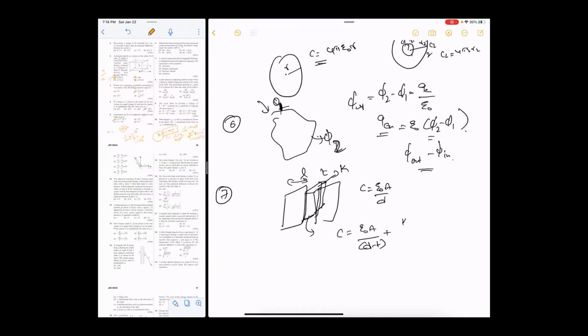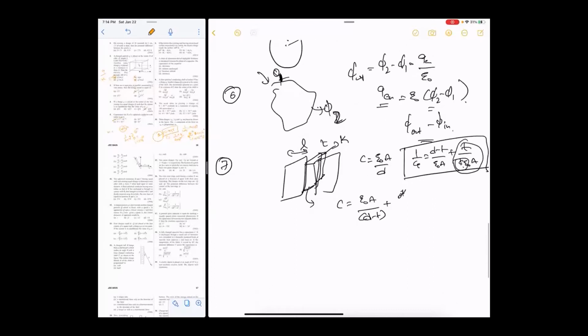They are in series, no? So 1 by C equivalent is D minus T by epsilon naught A plus T by K epsilon naught A. This is the C equivalent when you introduce a slab of thickness T and dielectric constant K. Now when you put a metal, this K becomes infinity, so this term becomes 0.